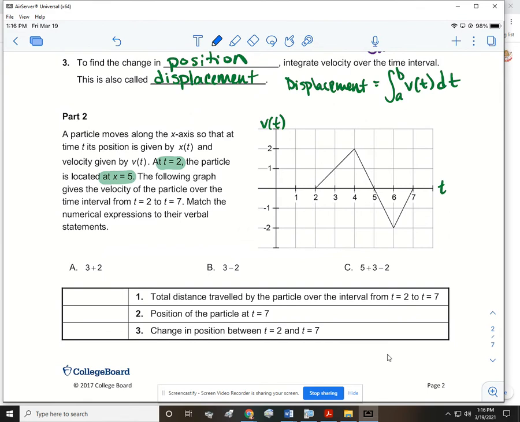And I hope you guys remember that when you need to integrate graphically, this is where you add or subtract the areas. So integrating graphically is adding and subtracting areas.